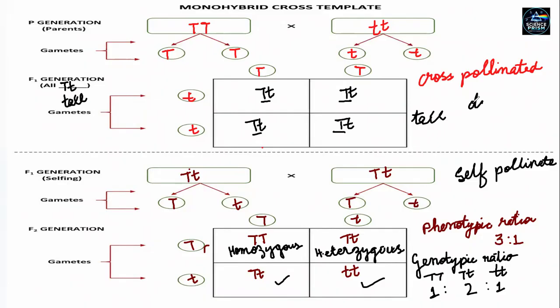Here, dwarf was not there, and again they reappeared in the F2 generation. So both the features were found approximately in what ratio? 3:1. But here all were tall and there was no dwarf plant observed. Okay, so I hope this particular cross is clear to you.